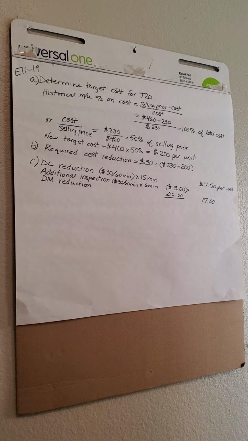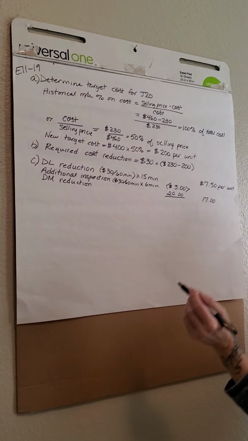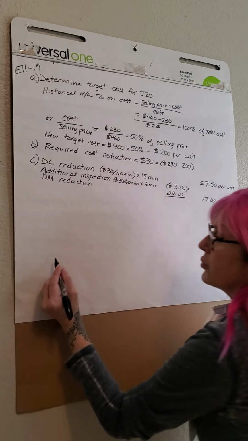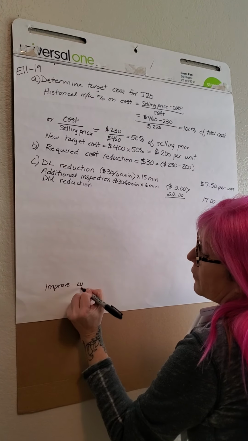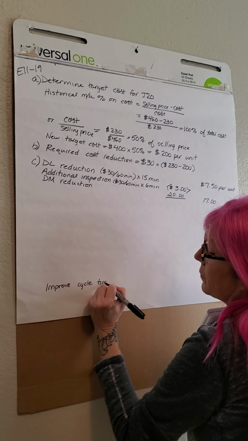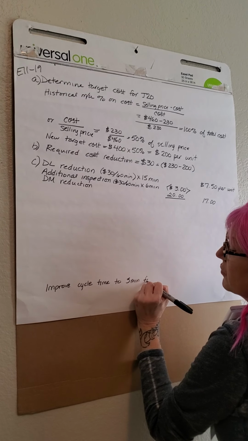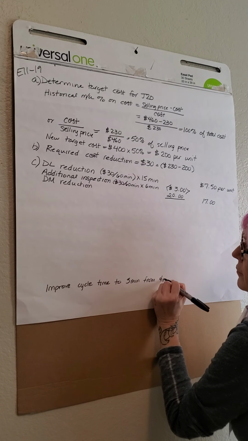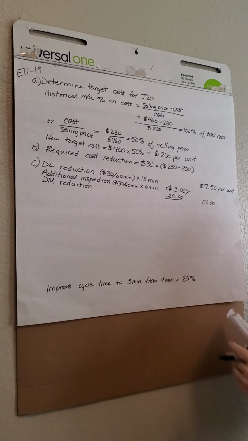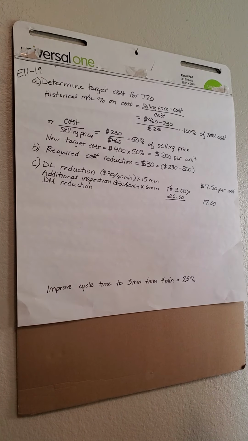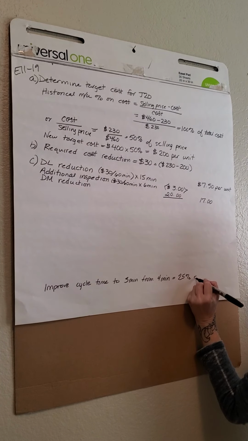So if we improve the cycle time from 4 minutes to 3, that's going to give us a 25% improvement in our cycle time. So we'll put 25% reduction.